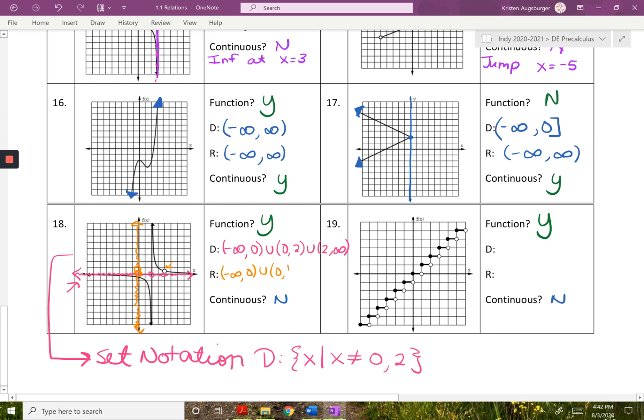Union 0. And union to infinity. Instead of saying range, for notation, we would say that would not be 0.